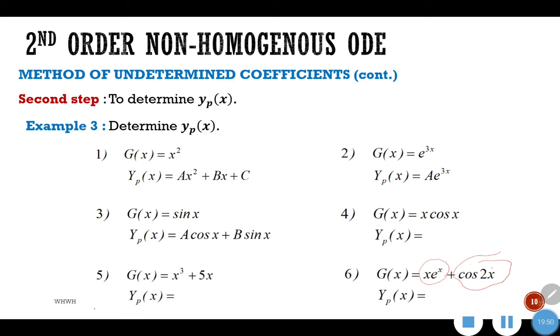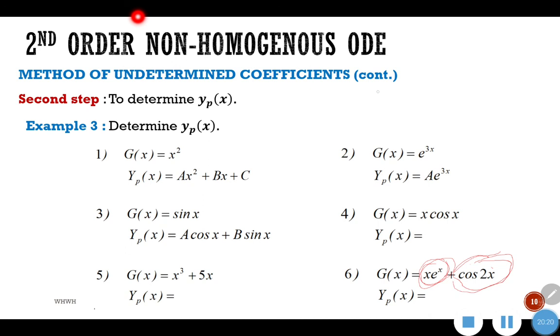We have two different categories. The first category is the exponential function. The second category is the trigonometric function. Since this comes from two different categories, the steps are a bit longer if this happens in the questions. You are going to have 2 yp if you want to do them separately. If you don't want to do it separately, that's fine too.